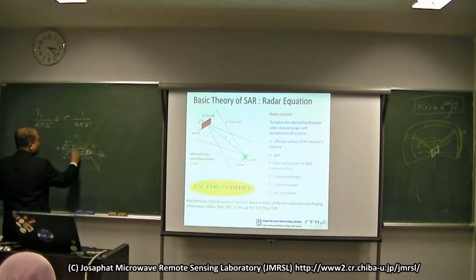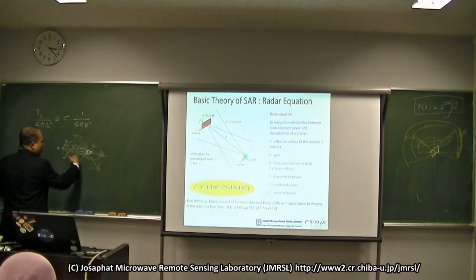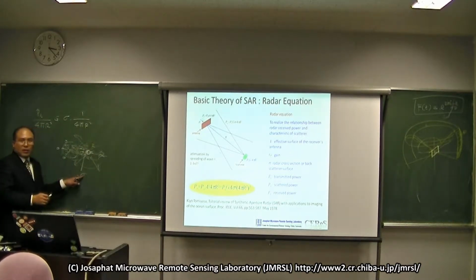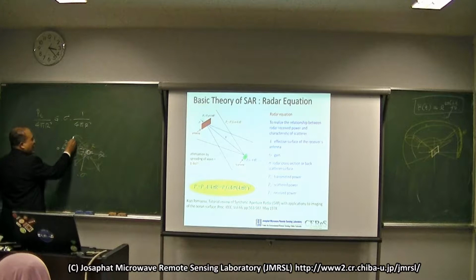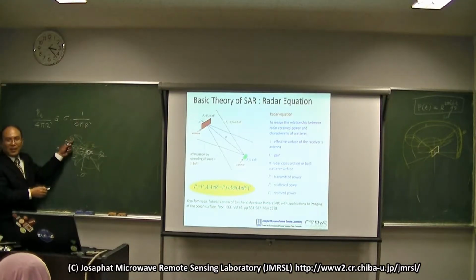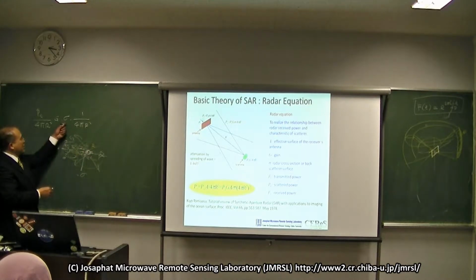We consider the scattering from this object surface to be sigma, so y times sigma. Then from here it spreads again, like a gain from this to this sigma.